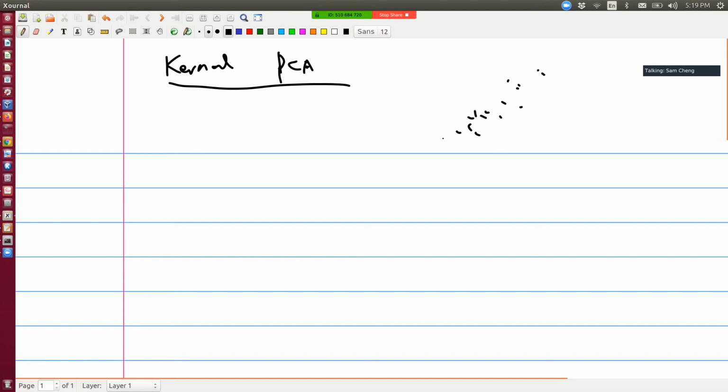And that's the original PCA. For example, along this direction, it looks like those data points have the highest variation. So then this is my first principal component.